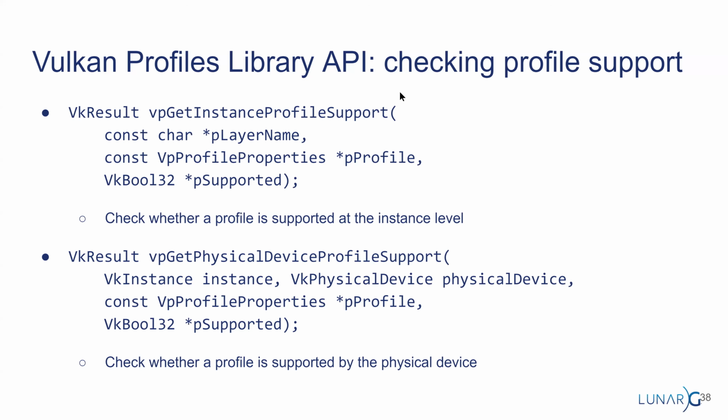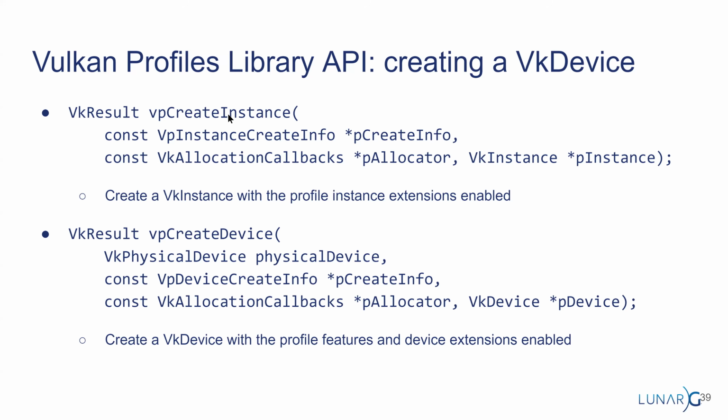For checking, we have some APIs to check, either at instance level or at physical device level, if the profile is supported. We have the same two APIs at instance level and at device level to create an instance. Here it's a Vulkan instance that will enable all the extensions in the profile, all the instance extensions in the profile that we pass.